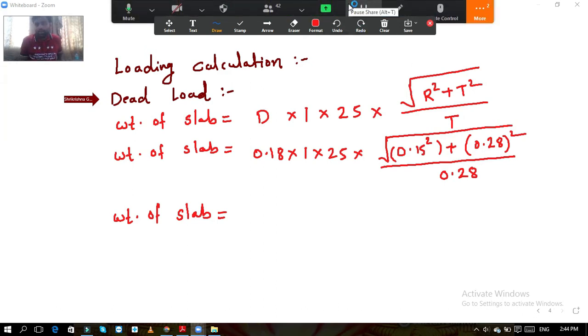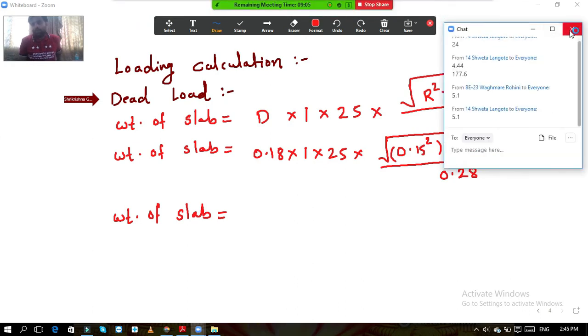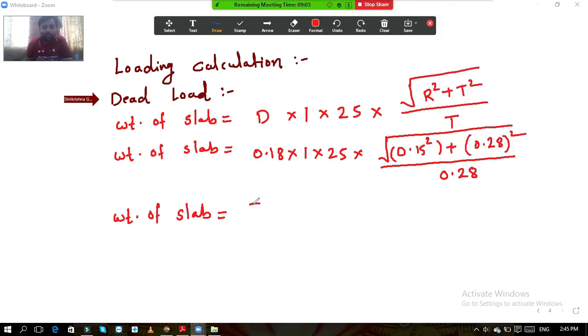Give the answer in the chat box. 5.1. Okay. So the weight of slab is 5.1 kilonewton per meter.